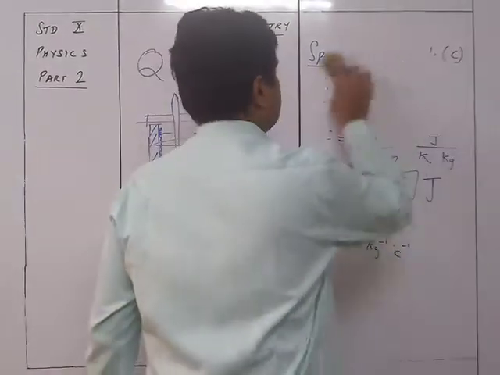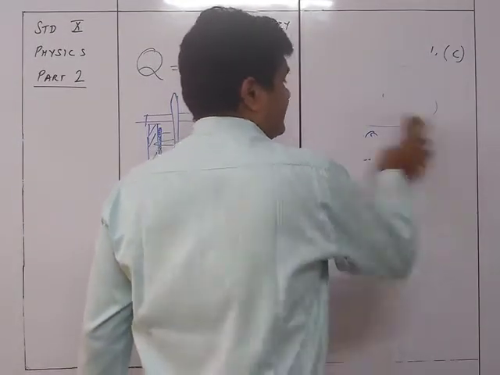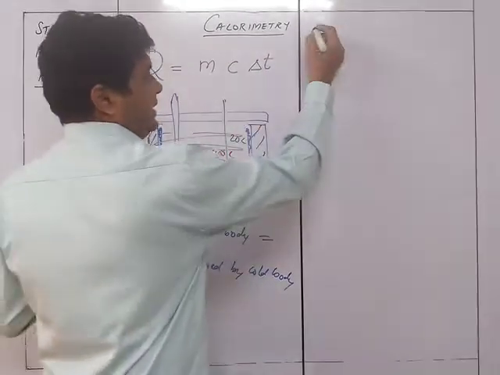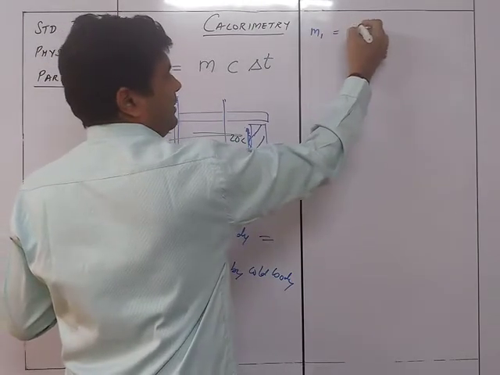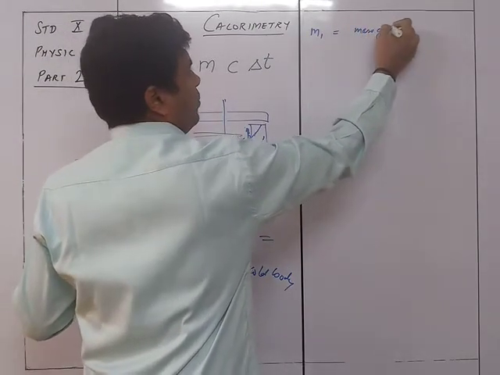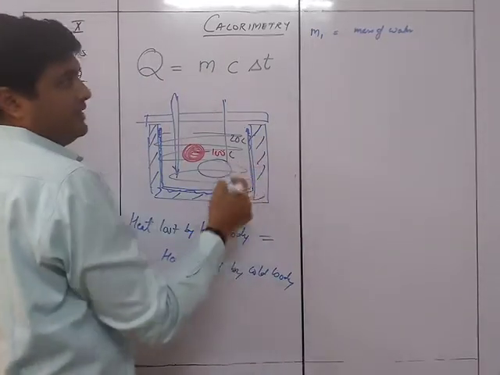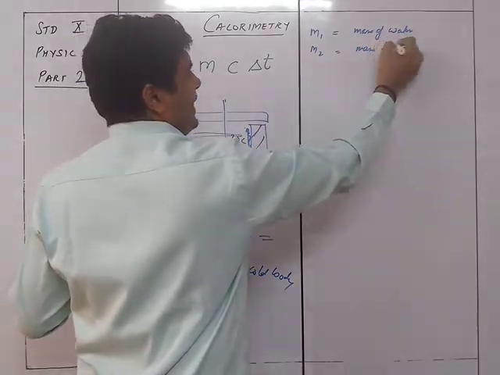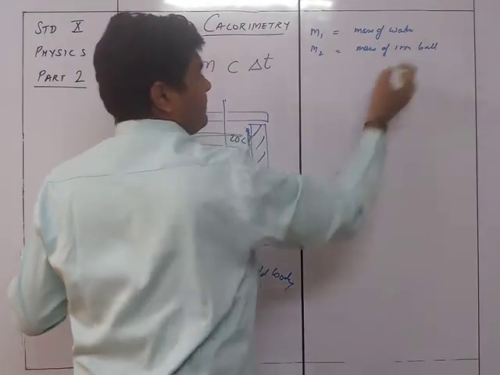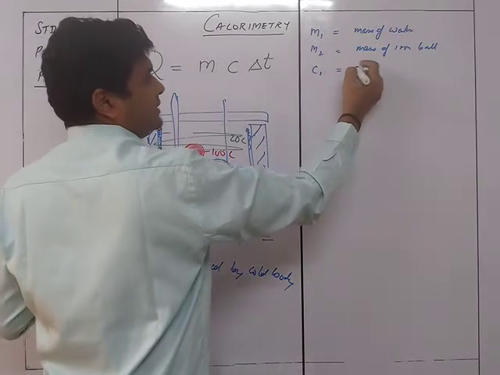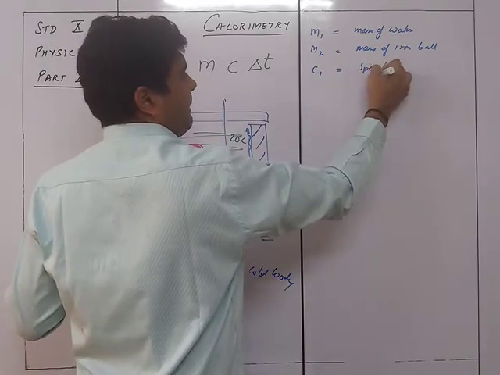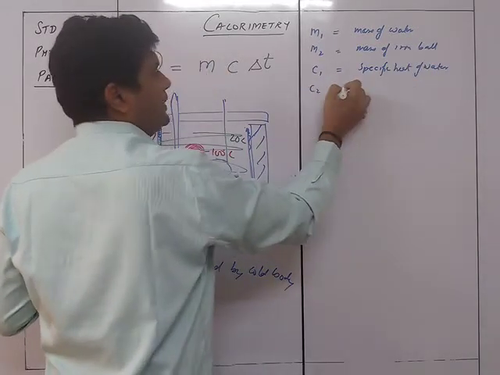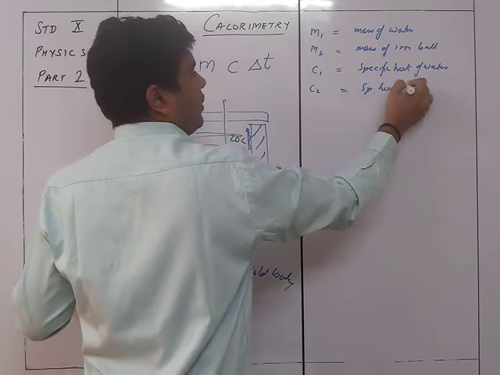So what we'll do is, let's consider the same example wherein M1 is the mass of water inside this thing, M2 is the mass of the iron ball. C1 is the specific heat capacity, specific heat of water, and C2 is the specific heat of iron.